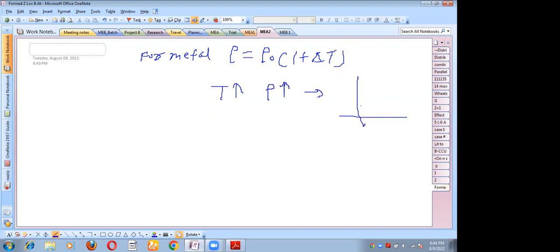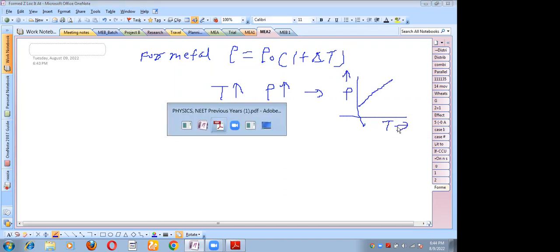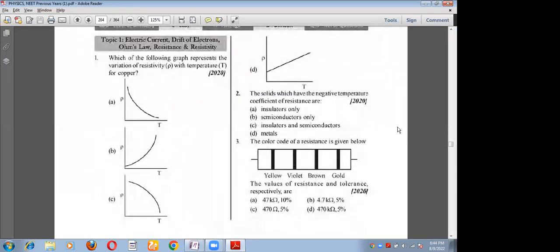It should be like this. Getting my point? Which is the correct option? Because it should increase with temperature and it's a linear variation. Correct. It should be D.